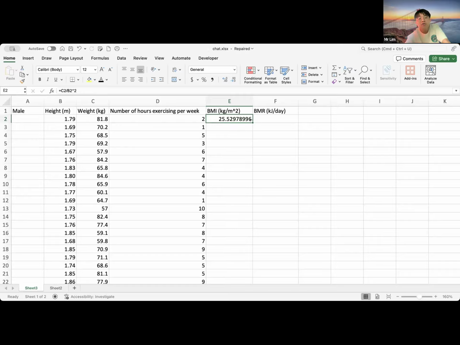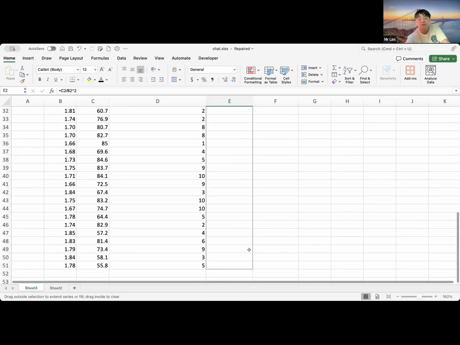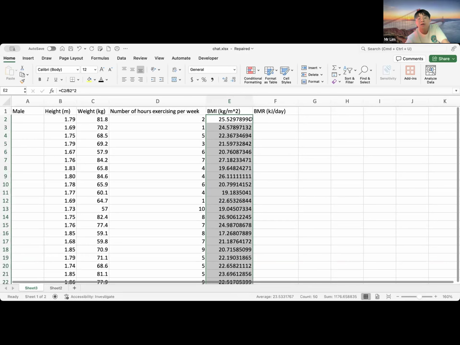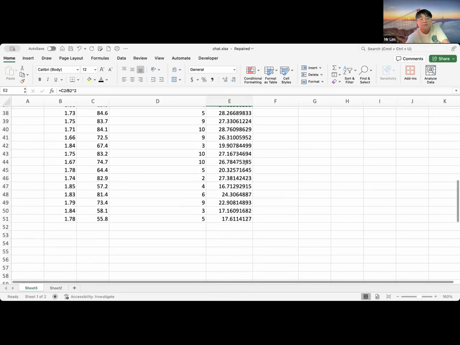You are not going to do everything by your own, right? You have 50 data. So what we do is we just drag, because humans are lazy, so we need to do this. It's not that humans are lazy, but this is more effective.